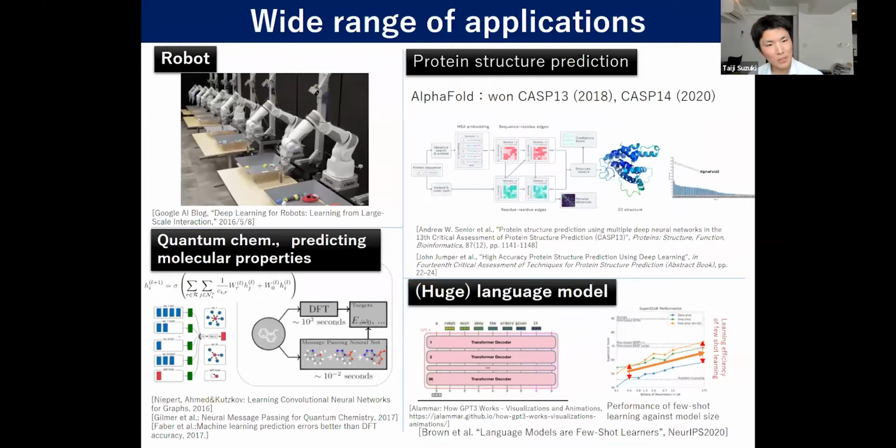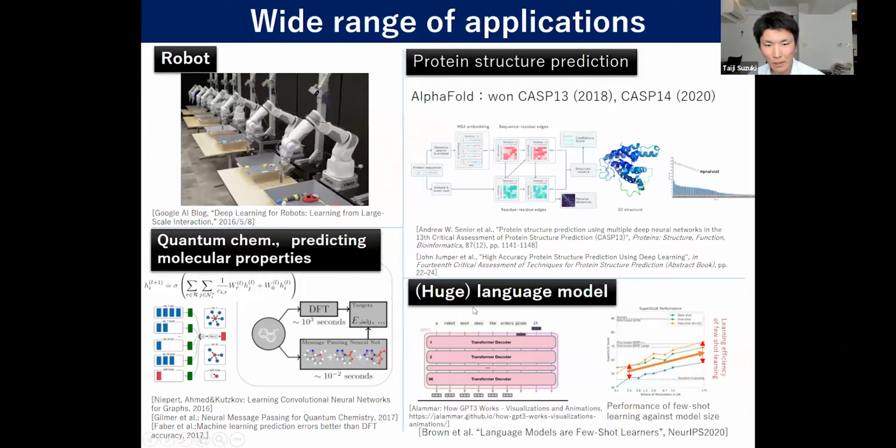In addition to such AI type applications, it has been applied to many other fields like quantum chemistry, where it is used to predict molecular properties by using graph convolution neural networks. It is also applied to protein structure prediction. For example, AlphaFold won the CASP13 and the CASP14, and the performance was much better than other existing methods.